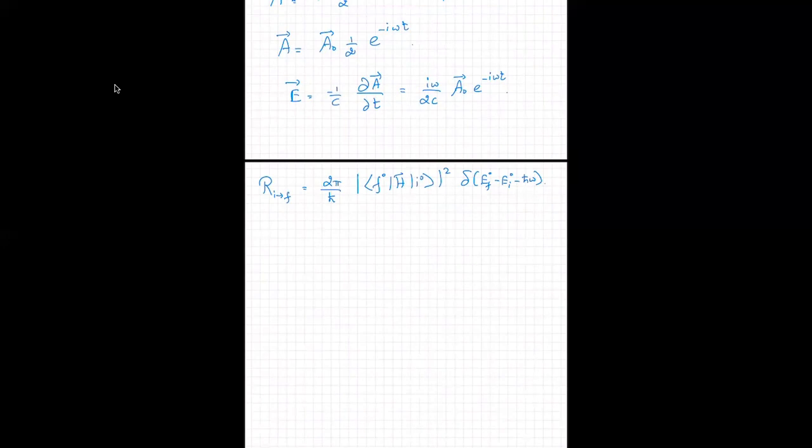Okay, so we have understood what the perturbing Hamiltonian is. So we have to understand what the initial state and final state are. So our initial state by assumption is the ground state of the hydrogen atom. So |i> is |1,0,0>. Okay, we'll work in the coordinate representation.